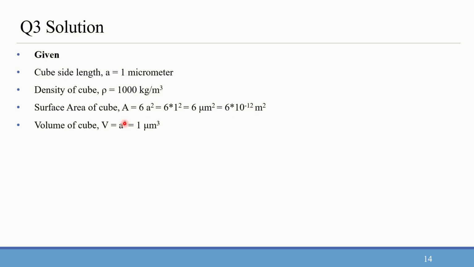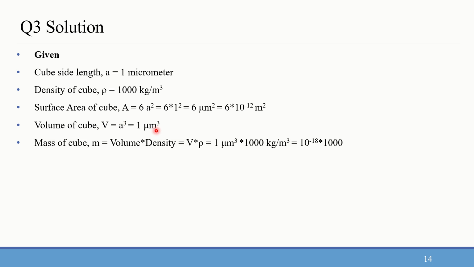Now volume of cube. So V equal to a cube. a here is 1 micrometer. And so 1 micrometer to the power of 3 is 1 micrometer cube. Now mass of cube we need to calculate, and mass is equal to density into volume.